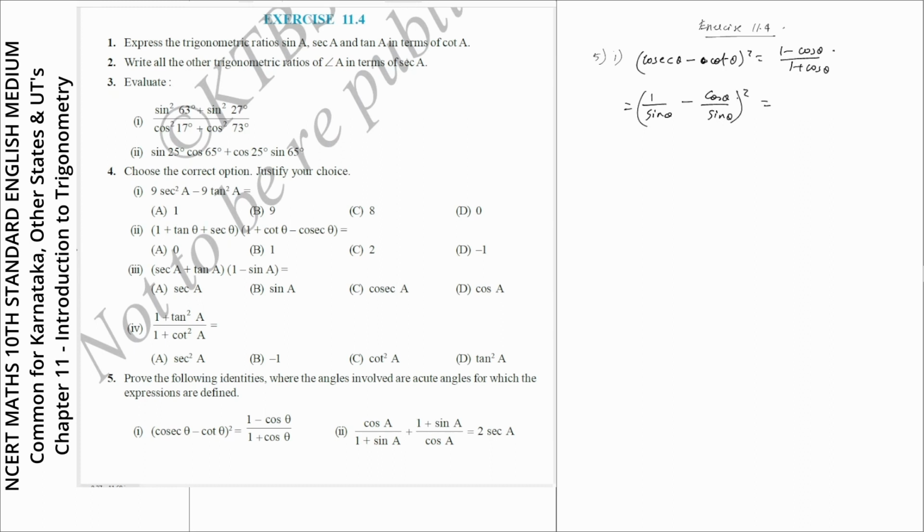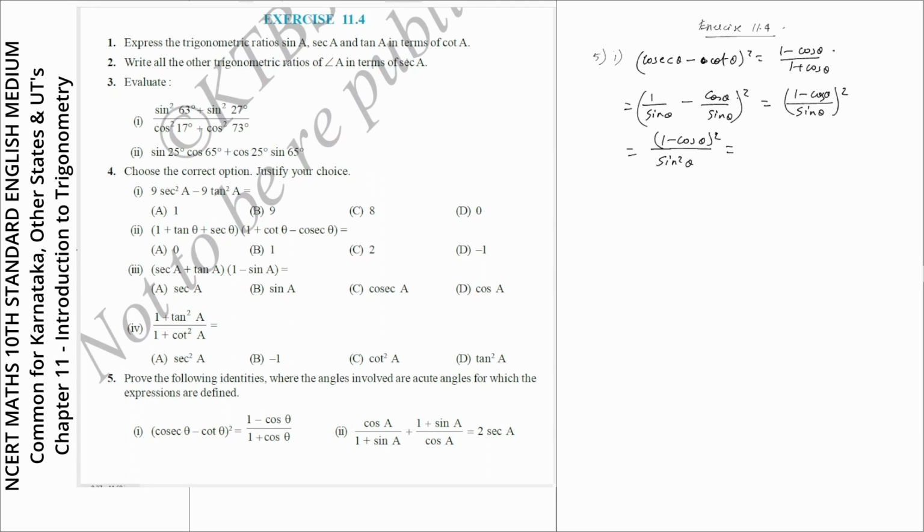Now if I take the LCM, it is sin theta only, so 1 minus cos theta the whole square I'll get in the numerator, and the denominator I'll get sin square theta.